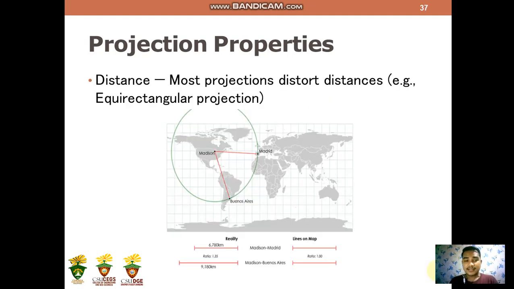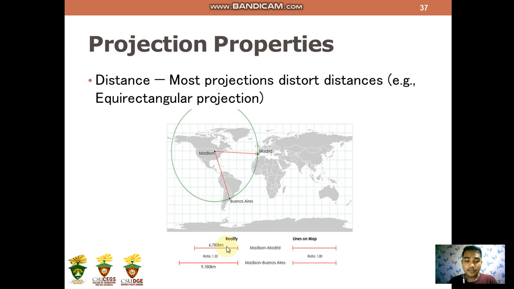So for distance, there are many projections that distort distances. Example of this one is the equirectangular projection. So here from the illustration, Madison to Madrid, naa siya'y in reality or in the globe, 6.78 kilometers.